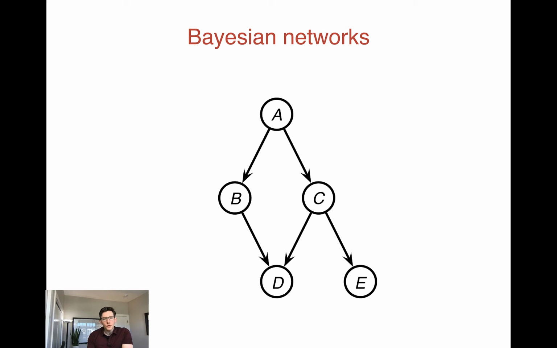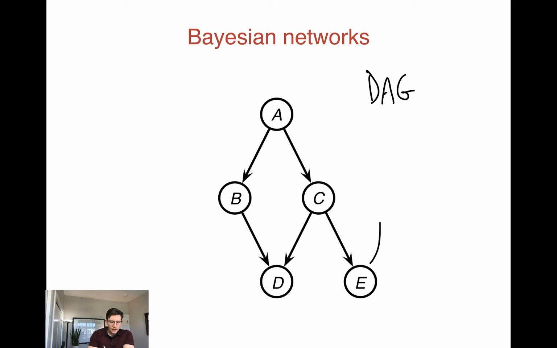One thing to note about Bayesian networks is that a Bayesian network must be an acyclic graph, a directed acyclic graph, DAG. That is, it can't have any directed cycles.